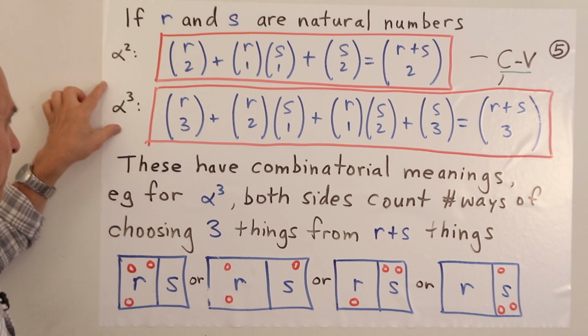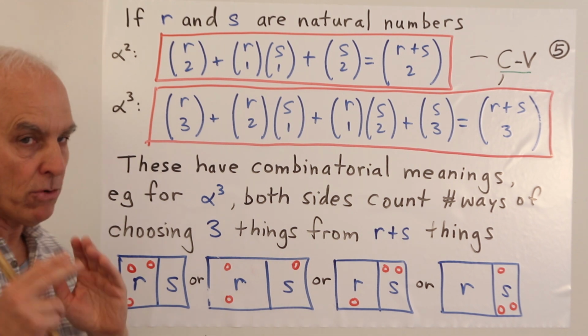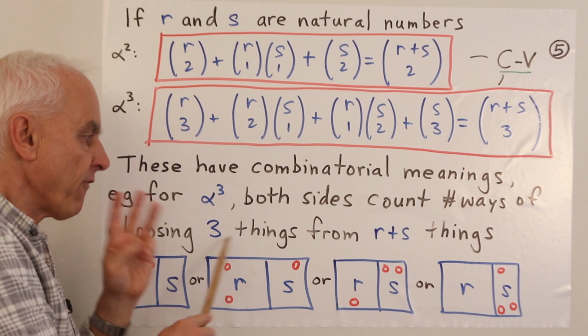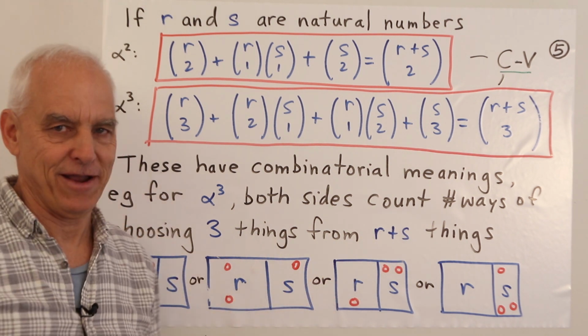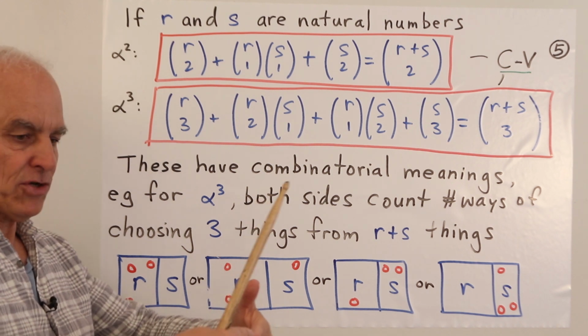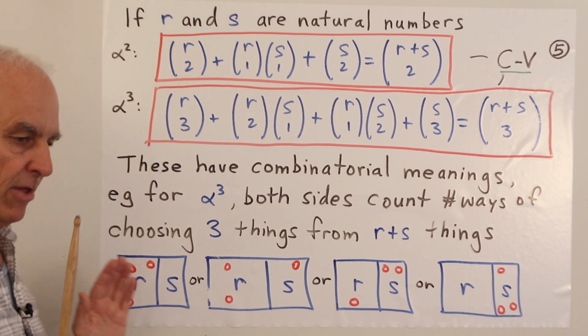So in the alpha cubed case, both sides of this equation here are counting the number of ways of choosing 3 things from r plus s things. Okay, so you've got a bunch of things, and there's r plus s of these things, represented by this big box here, and there's r of a certain kind and s of some other kind.